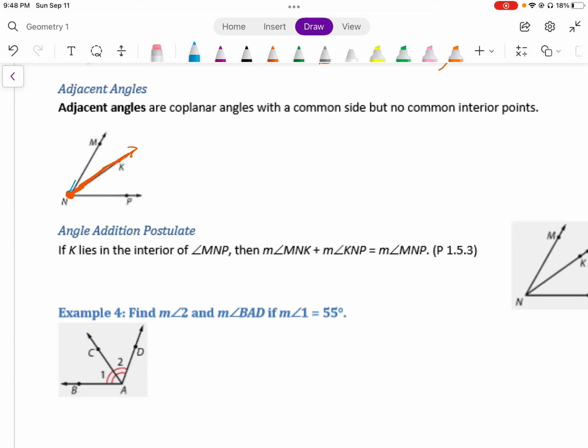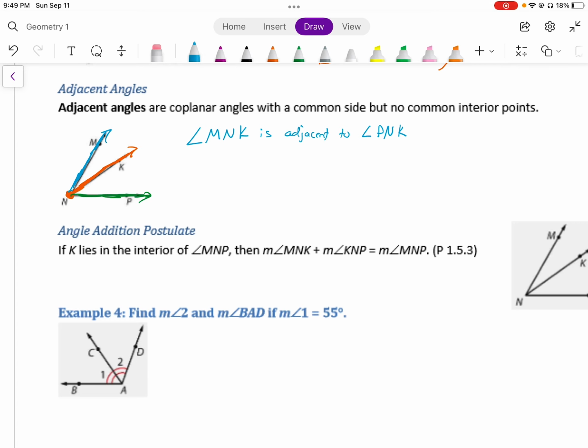So in our picture here, we could say angle MNK is adjacent to angle PNK. They share a vertex and a segment, but don't have any points in the interior in common.